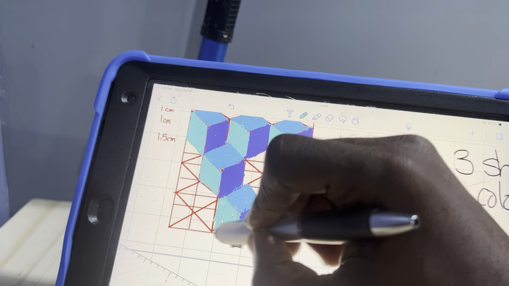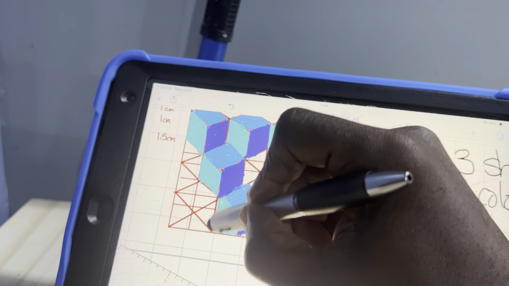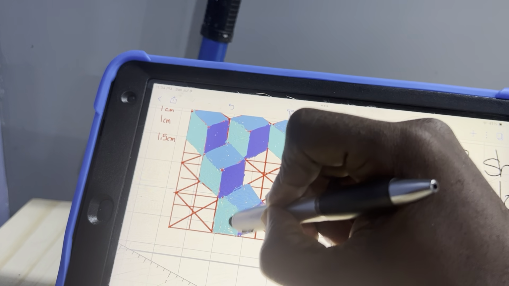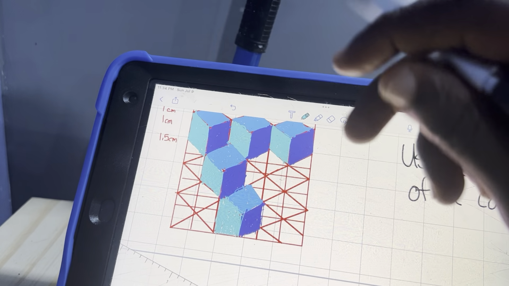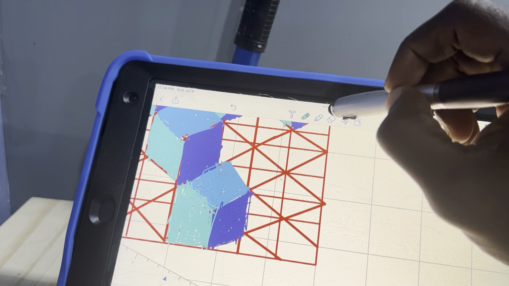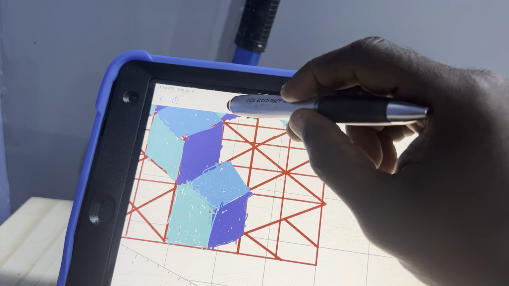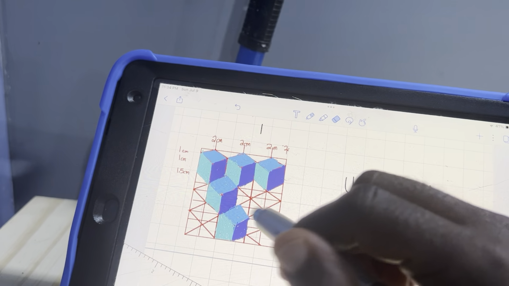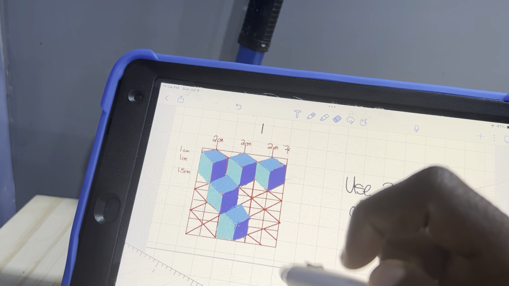Oops, sorry. And so, again, this one is not as neat because I'm kind of just rushing through it. See if I can clean it up a little. Oops. But you guys get the idea, right? And you just would continue to color and fill in.